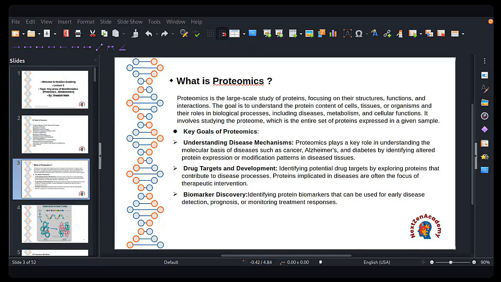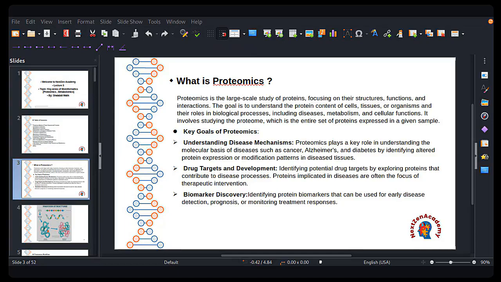Then biomarker discovery. We talked in genomics and transcriptomics about biomarkers. What are biomarkers? Biomarkers are like biological fingerprints, which help us to diagnose or monitor diseases. In genomics, whenever we do DNA profiling or DNA fingerprinting, there are some genetic markers.